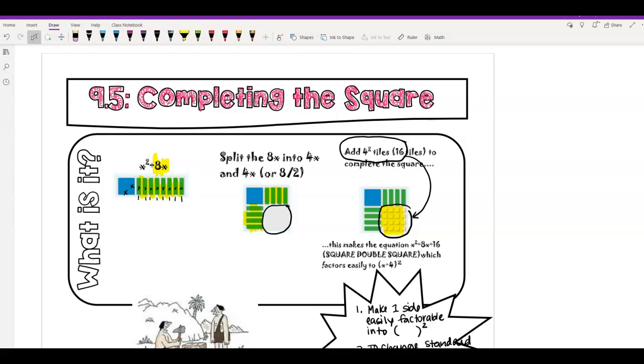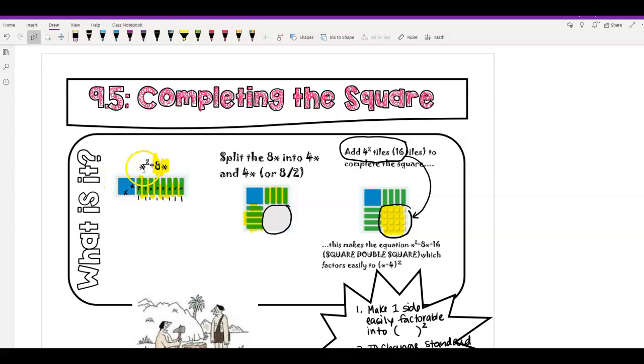Let me talk real quick first about the actual process of completing the square. This gets its name by taking the terms that you have, arranging them in a square fashion, and figuring out what constant term is missing to make it a full square. Here's my example. If I had x squared plus 8x, that gives me 1x by x squared.